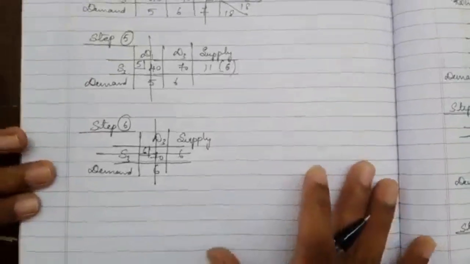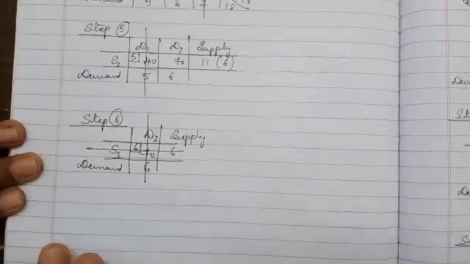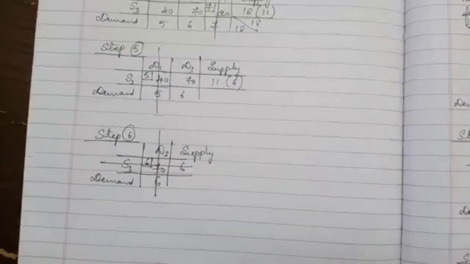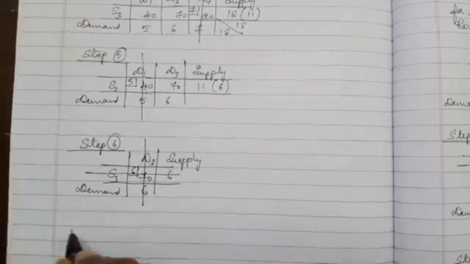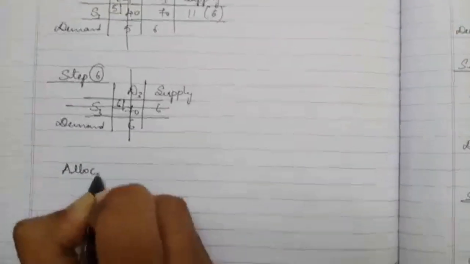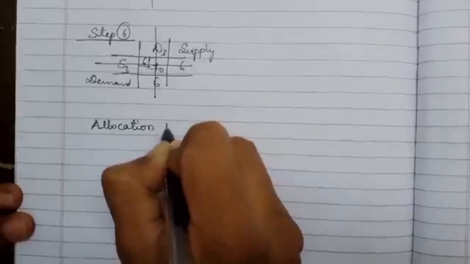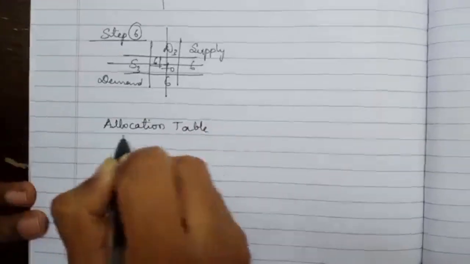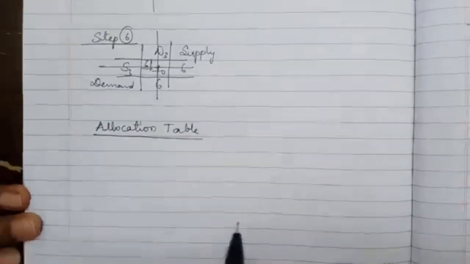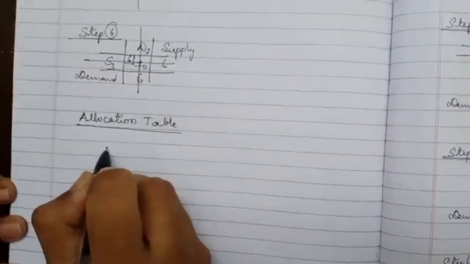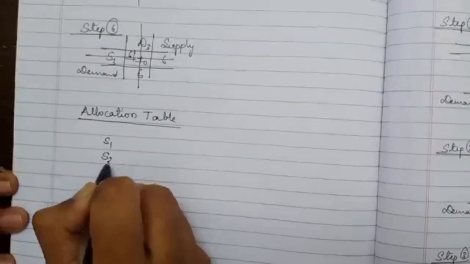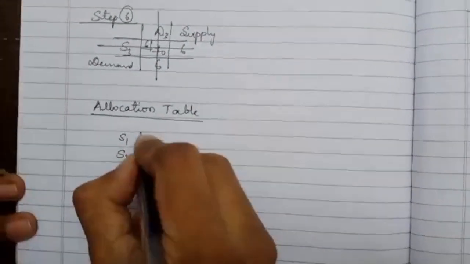Once we are done with allocation, the next important thing which I want all of you to do is write the allocation table. It is also called the allotment table. You can call it whatever you want. I want you to write down all the allocations you have done so far.